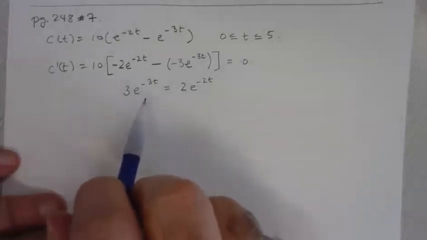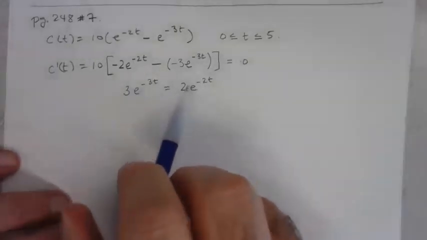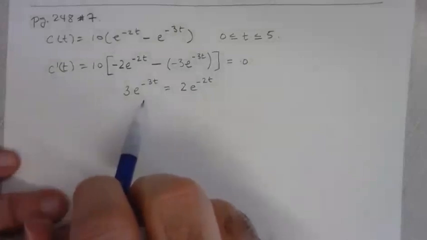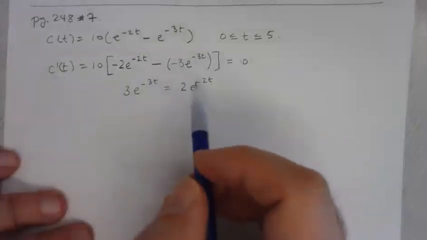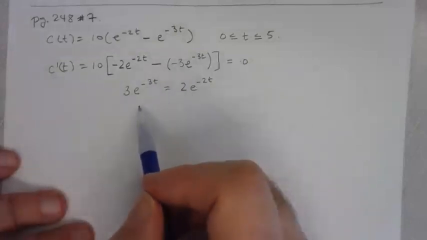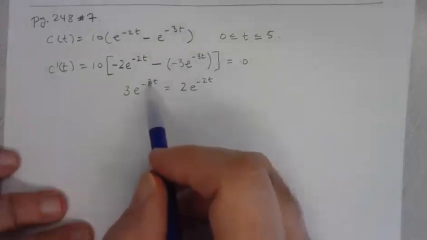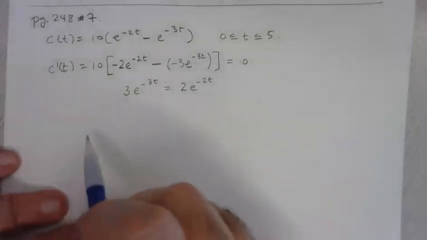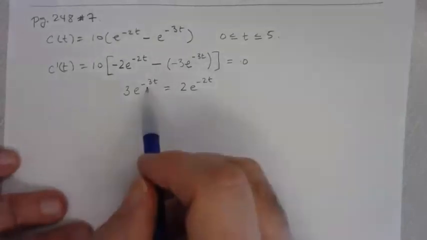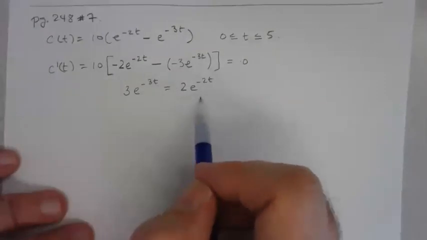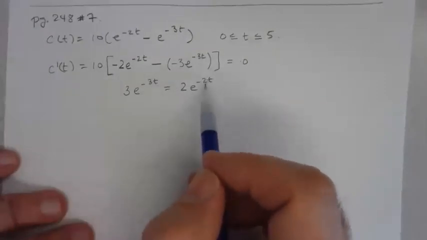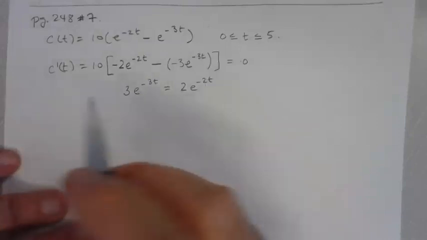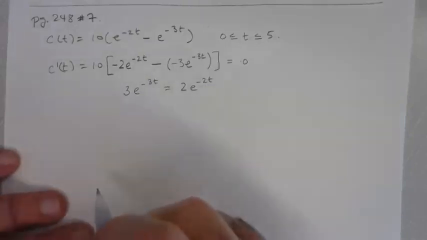I'm going to try to end up with a positive exponent. If I divide to the other side, I'd subtract the exponents, negative 3t minus negative 2t, and still end up with a negative. But if I divide the other way around, when I subtract the exponents, I'm going to end up with a positive exponent. So that's what I'm going to try to do.